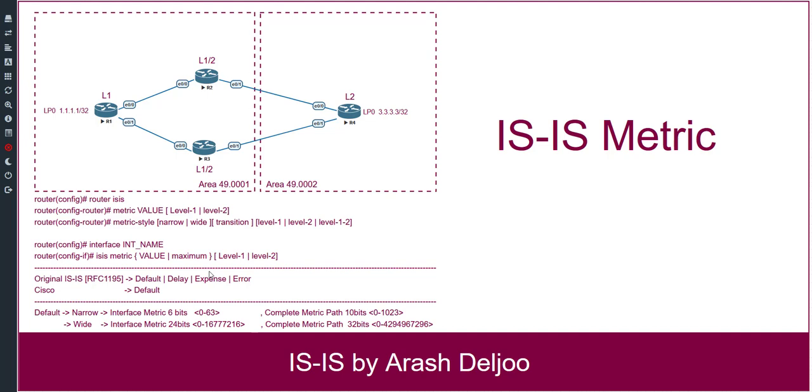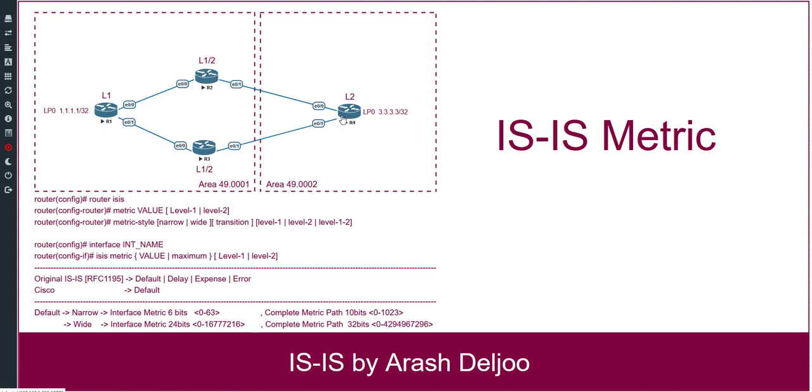The first thing that I'm going to talk about is that IS-IS metrics are assigned to individual interfaces. Look at this scenario. In this scenario, we have R1, R2, R3, and R4, 4 routers. As you can see, R1 is connected to R2 and R2 is connected to R4.